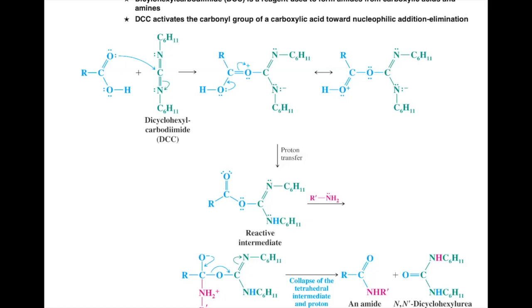Okay. This reaction can be used to form amides from carboxylic acids and amines. So meron tayong tinatawag na DCC, dicyclohexyl carbodiimide, which activates the carbonyl group of your carboxylic acid. Okay. Again, di ba sabi, just like for esterification, diba?